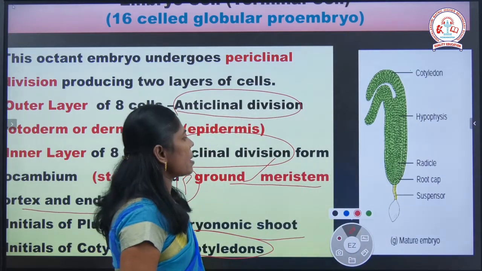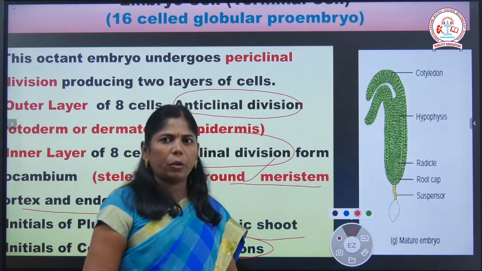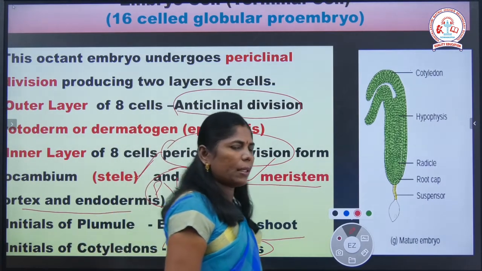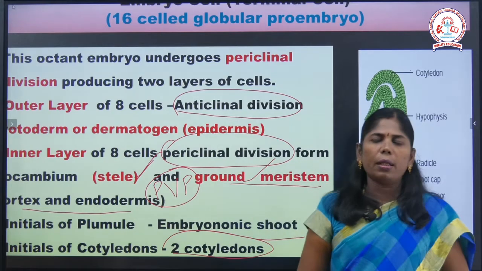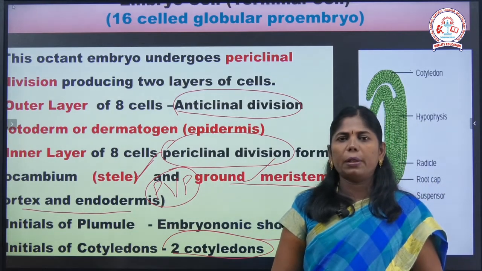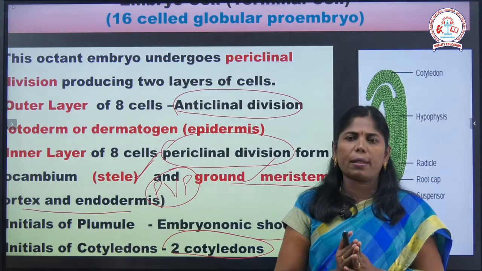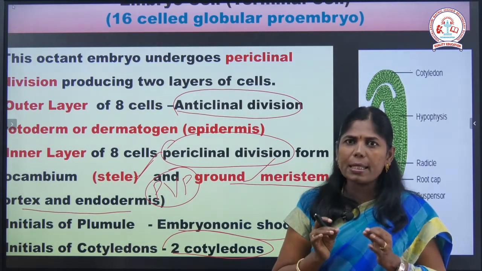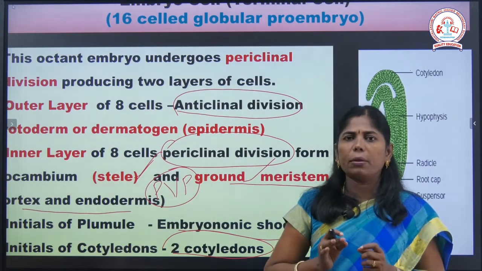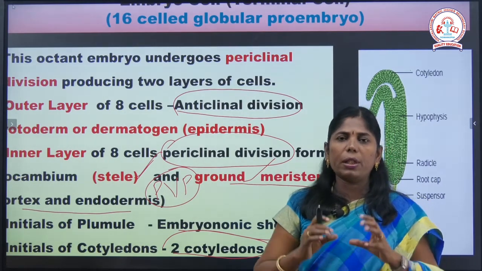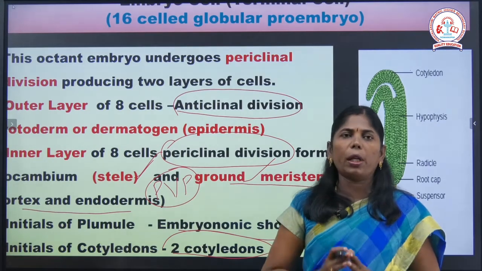The mature embryo is formed from the 2 celled stage, then the 4 celled stage, then the heart shape, then a horseshoe shape, and finally the mature embryo. The mature embryo consists of the embryonal axis and 2 cotyledons, where the radicle and plumule are present. These are the parts of a mature embryo.